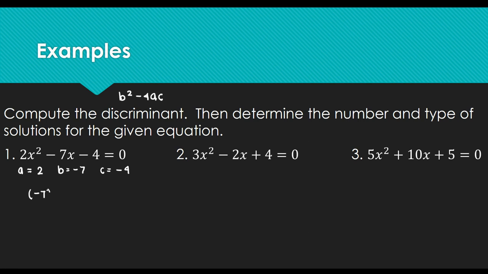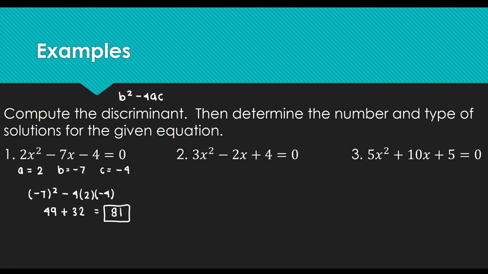So we'll have -7 quantity squared minus 4 times 2 times -4. Well, -7 quantity squared is 49. Here we're going to have a negative, and then when I multiply, a negative times a negative is a positive. 4 times 2 is 8, and 8 times 4 is 32. So add those two numbers and we get 81.